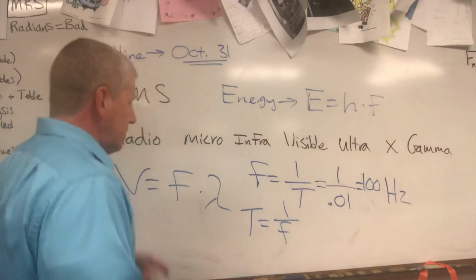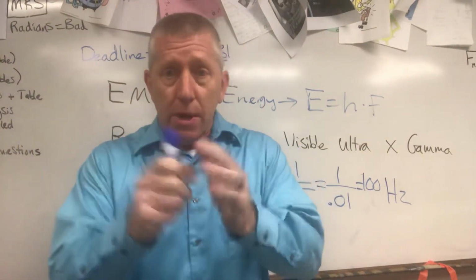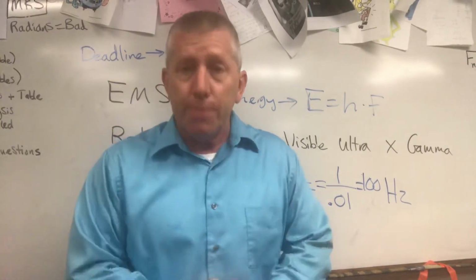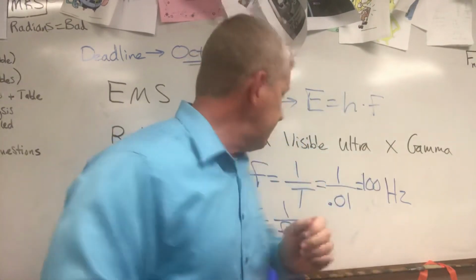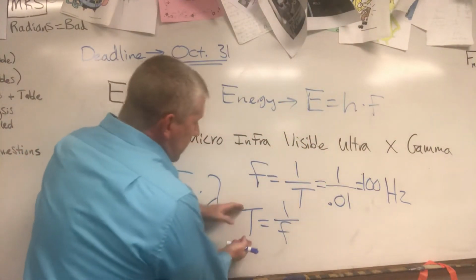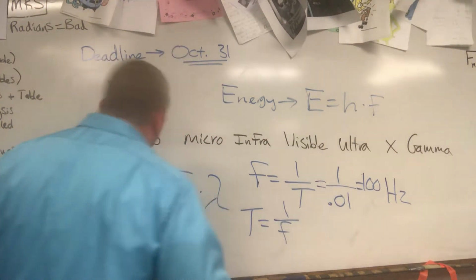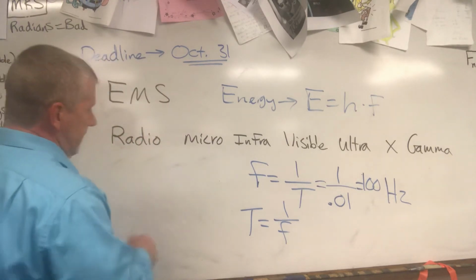So the frequency is how many waves per second. If you're sitting there and timing it, and 3 waves go by per second, that's 3 hertz, 3 cycles, 3 waves per second. The time period is 1 over the frequency. So if you want to know how long it takes a wave to go by, we can figure that out.